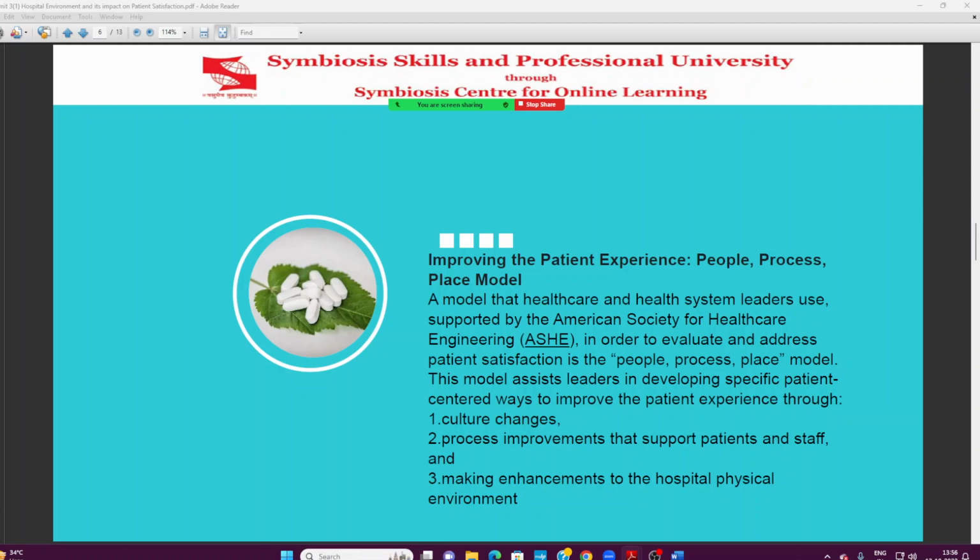Physical evidence, right? Or the ambience, which we have seen in the hospital environment. So your key focus, these are the keywords, should be on people, right? People means the staff, which includes doctors, receptionists, and pharmacists if present within the hospital.